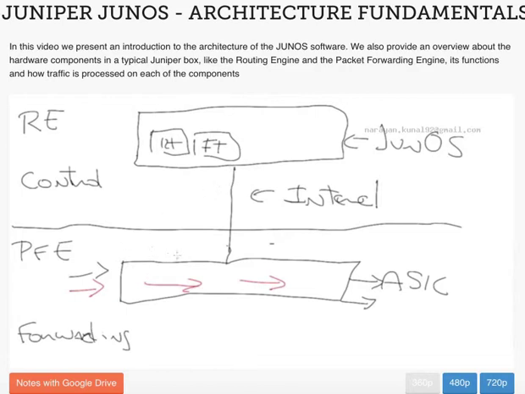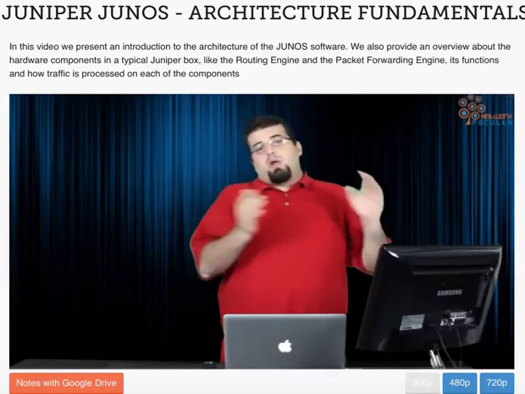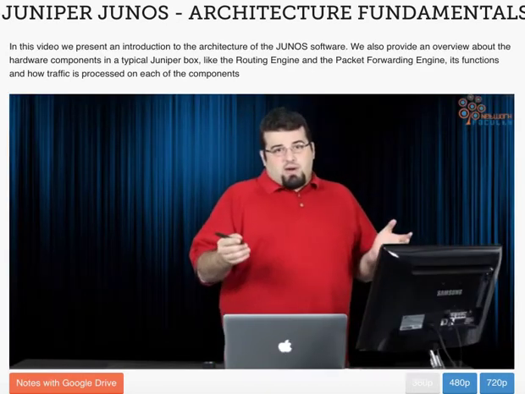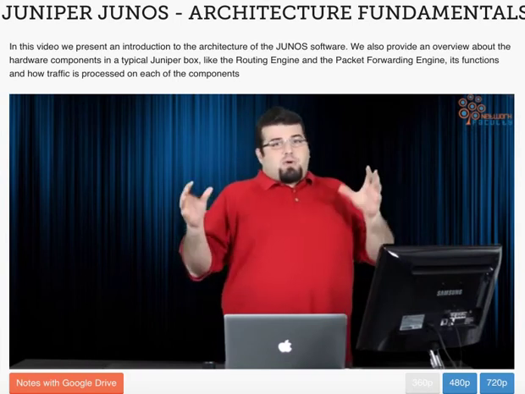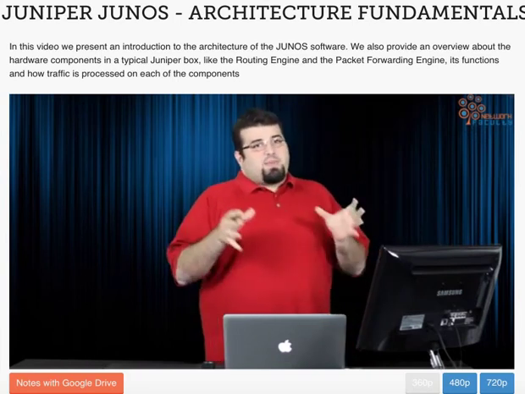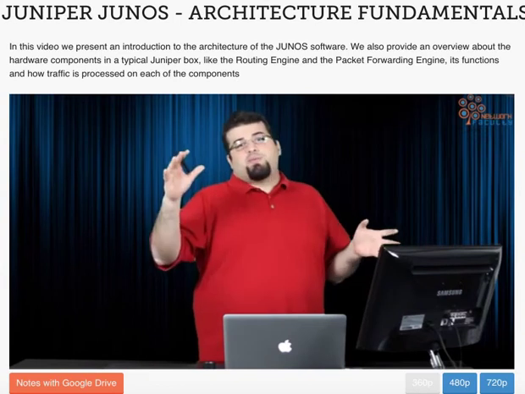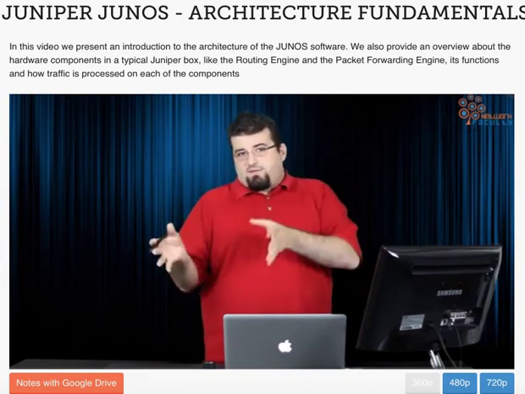So the interesting thing, like I said, on higher end devices, there are specific chips done for that, and that's basically the difference between a lower end device, for example, like a J series router, where part of the function that happens in the PFE happens in software, which means that it has to hit some CPU instead of specific chips.